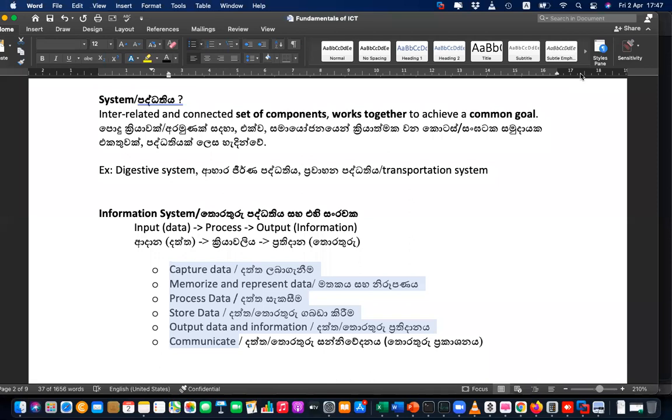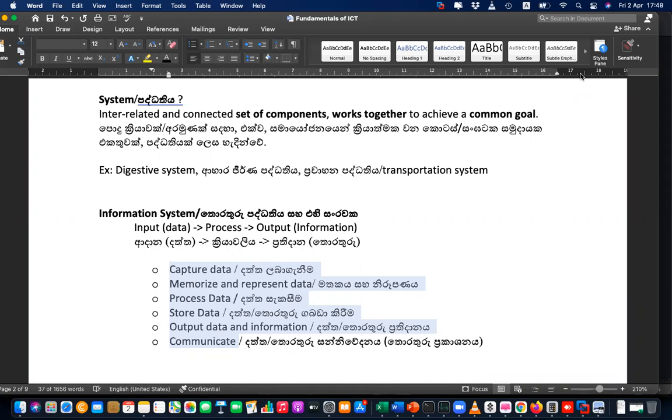Now you know what a system is, what the components of an information system are, and what process happens in the information system. Actually, the computer system is a kind of information system. So computer is also a system, but it is a kind of information system.